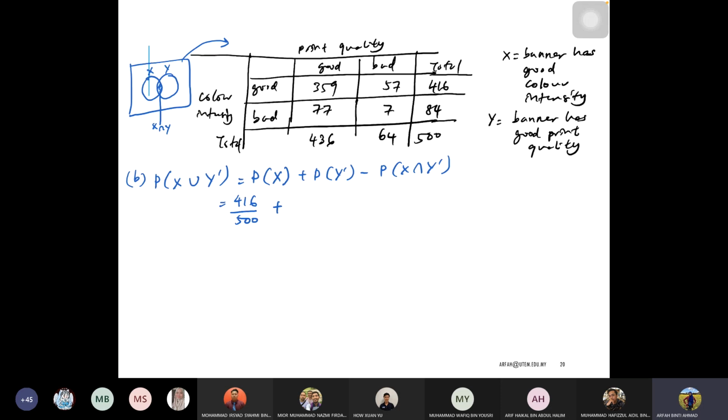Kebarangkalian bagi Y prime. So dia kata Y adalah banner has good print quality. Banner has what? 64. 64 betul. Bad print quality. That means 64 per 500. Okay. Banner has bad print quality.